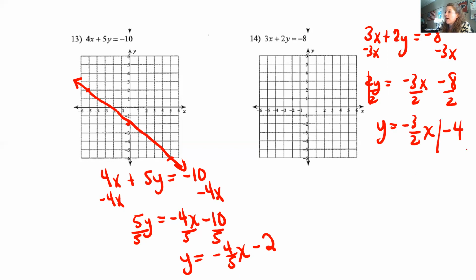I start at that y-intercept, (0, negative 4), down here. I would go down 3, right 2, but I don't have enough space. I'm going to do the opposite. I'm going to go up 3: 1, 2, 3, and left 2: 1, 2. I have enough space. I could do it again: 1, 2, 3, 1, 2. And there is our line. It's negative. All of these are negative, but that's totally fine.